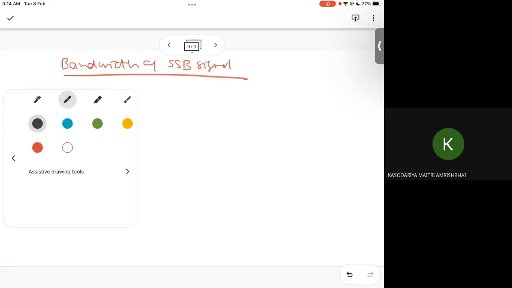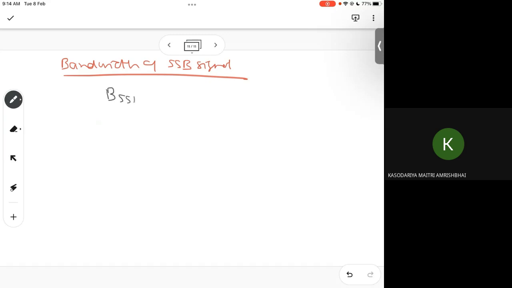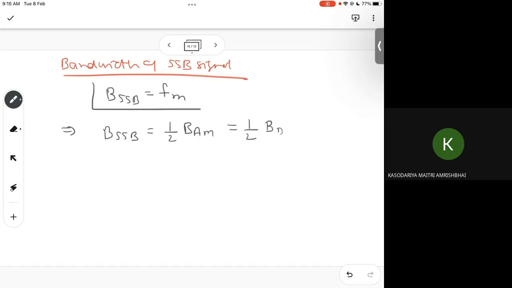It is simply given by fm, because there is no fc plus fm, fc minus fm like that. So it is simply fm. Or I could write this as the bandwidth of the single sideband is equal to half of the bandwidth of the AM signal or half of the bandwidth of double sideband suppressed carrier, which is simply fm.